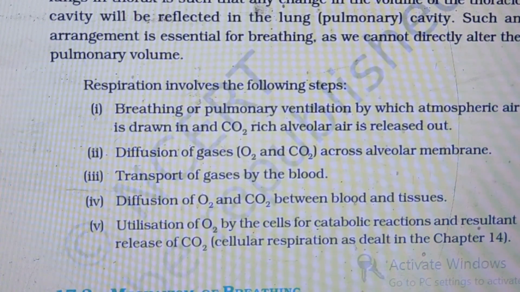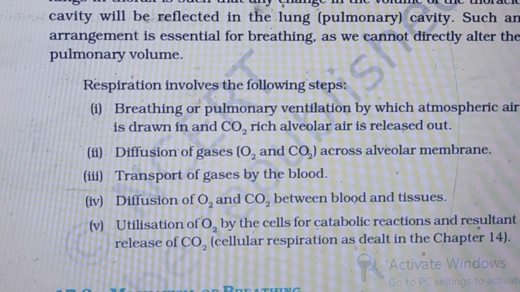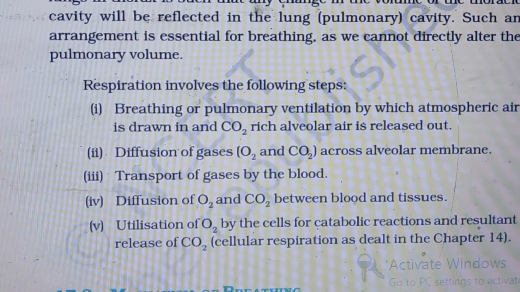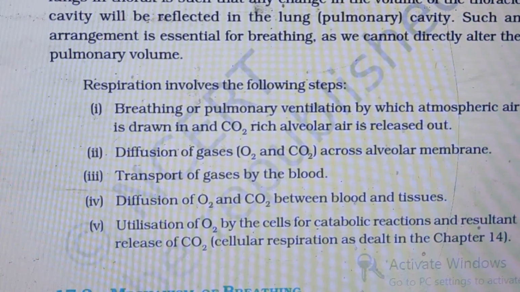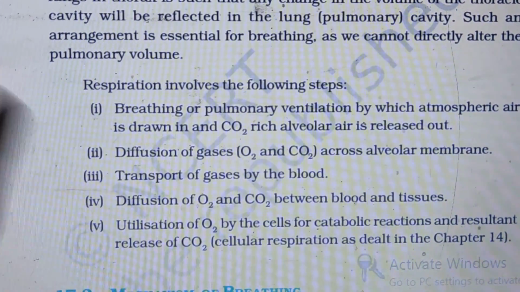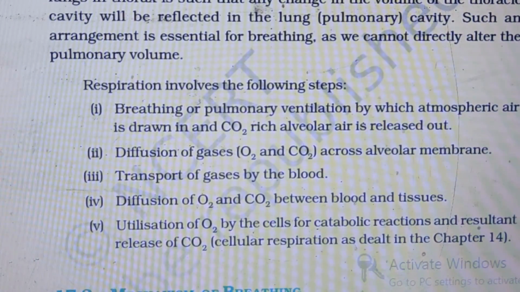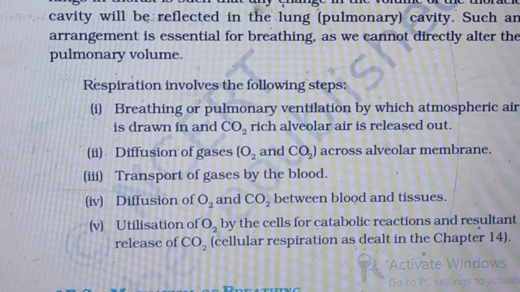Before going to the diagram, you may ask, in 17.1 you left this heading. I left it so that I can make you understand this better. See, the 5 steps are clearly given in this book. First step is breathing or pulmonary ventilation, by which atmospheric air is drawn in and CO2 rich alveolar air is released out.